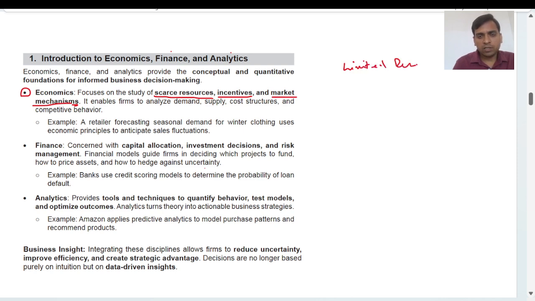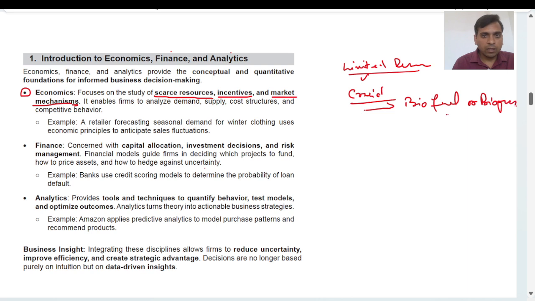Just like in the situation of world war, there is a shortage of crude oil or petroleum, right? So we can consider these as scarce resources. And substitutes of these scarce resources are biofuel or biogas. Now the second term is incentives.